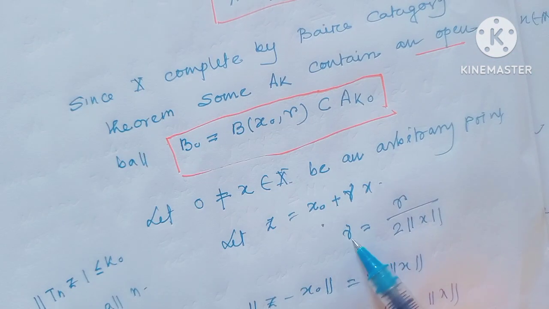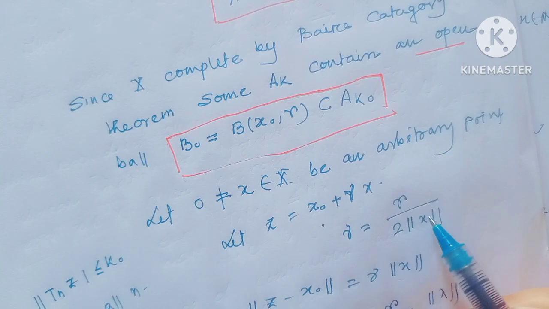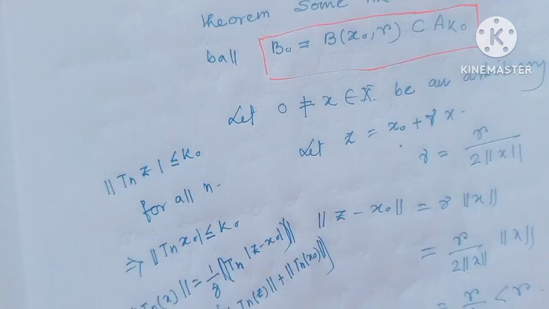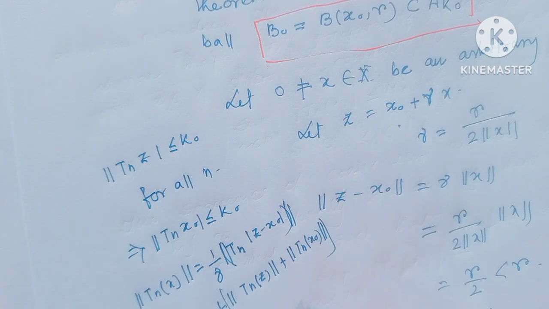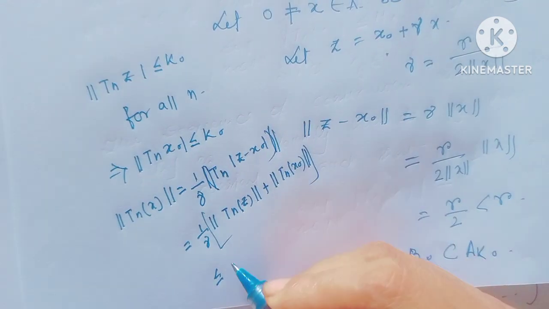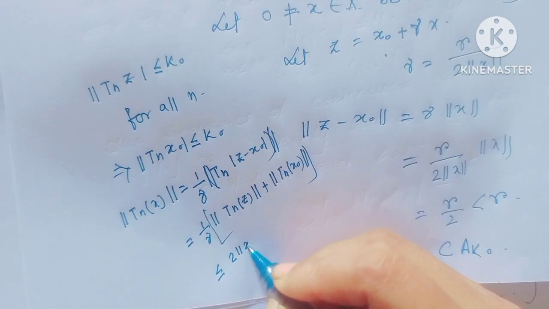And gamma equal to r by 2 norm x naught, therefore 1 over gamma less than or equal to 2 norm x naught over r.